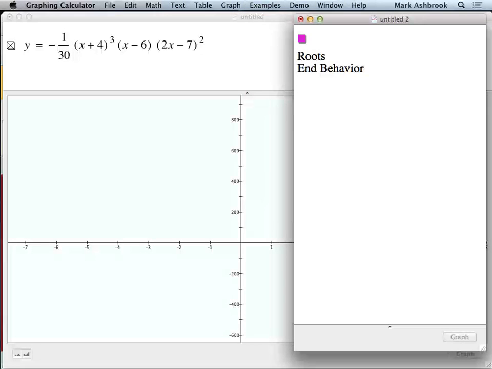Joseph. Okay, roots. Okay, so we'll put those together. What else? Okay, so yeah, those all go together. Y-intercept.